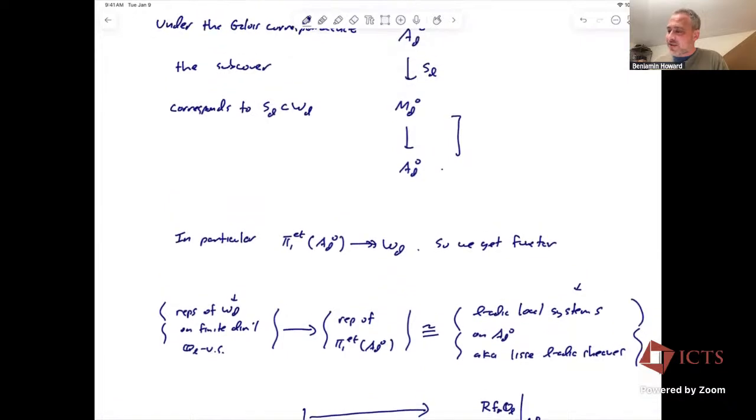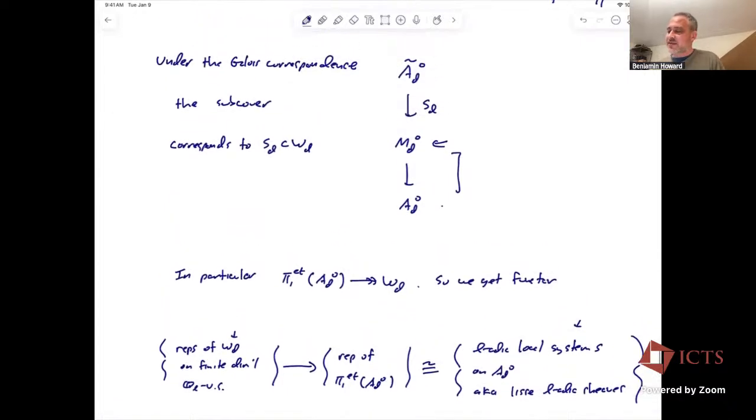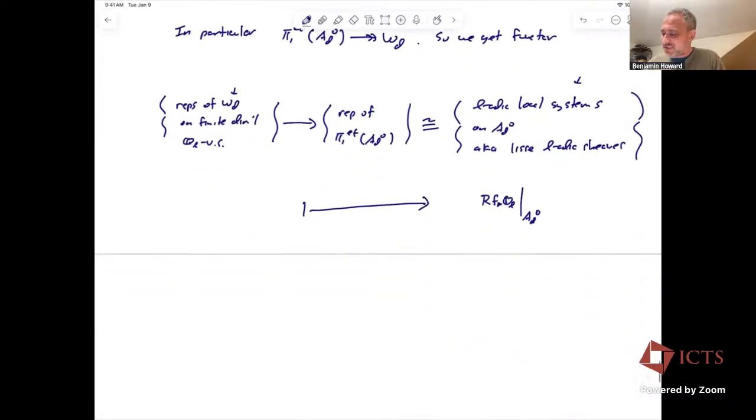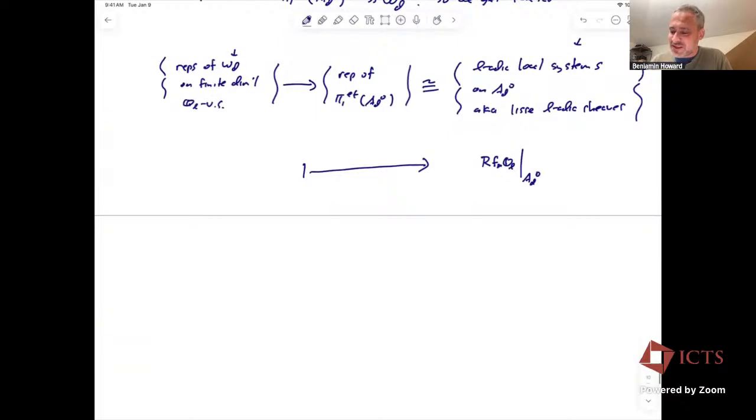And the fact that this dense open subset of the Hitchin stack corresponds to this particular subgroup is telling me what the corresponding representation is. You take the trivial representation and you induce it from SD to WD. So you take that finite dimensional representation, you apply this machine to get a sheaf, and that's the higher direct image of the Hitchin map restricted to the regular semi-simple locus.